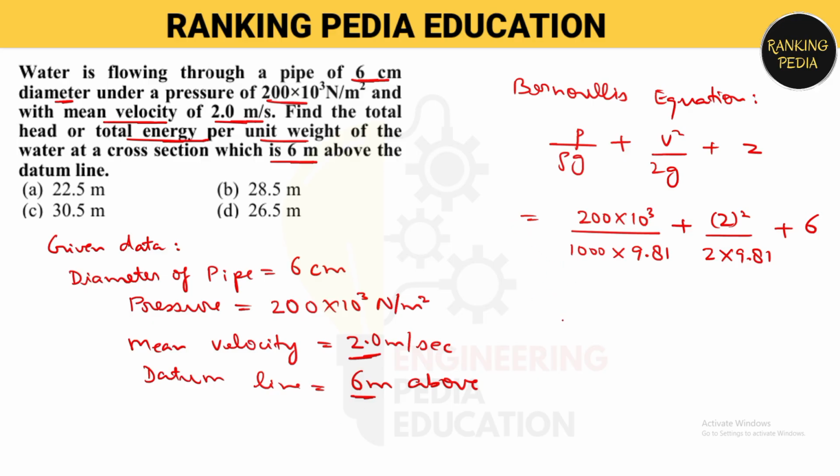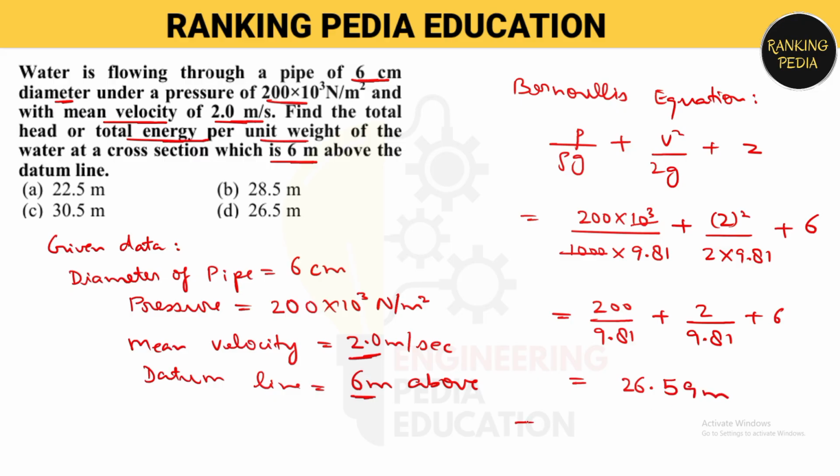Now we have to calculate this. After cancelling out, we get 200/9.81 + 2²/(2×9.81) + 6. After calculating, you will get approximately 26.59 meter.